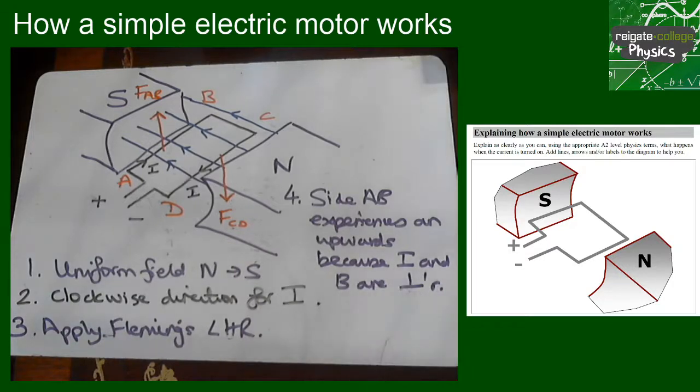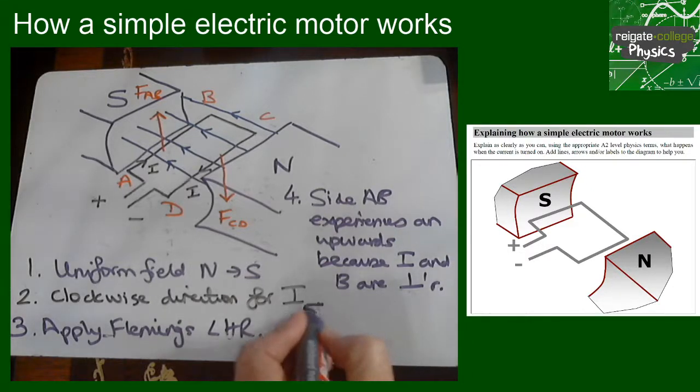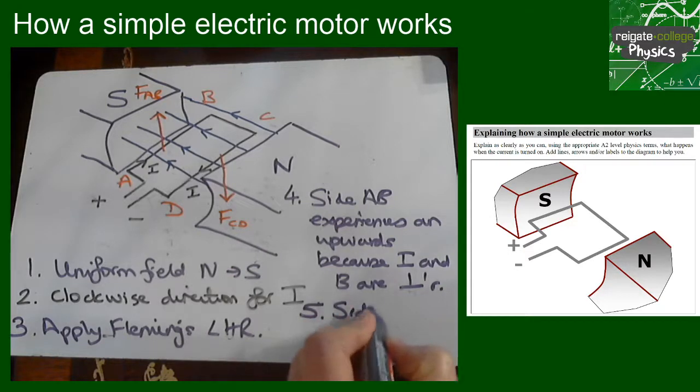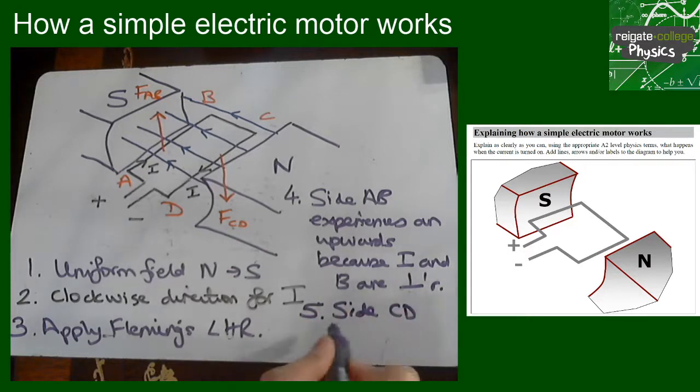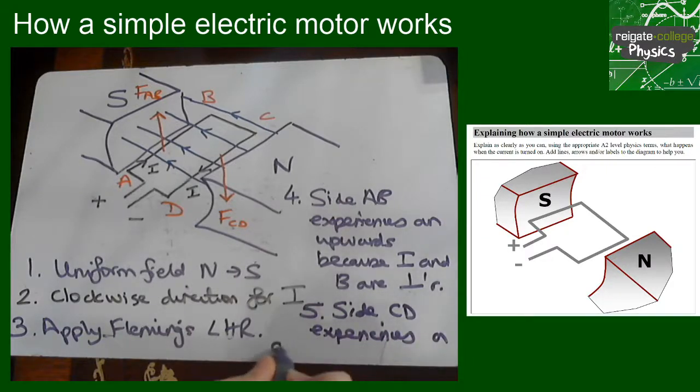So there's my shorthand for perpendicular, a right angle symbol with an R. You can also, for another really good point, say that side CD experiences a downwards force. So point 5 is side CD experiences a downwards force.